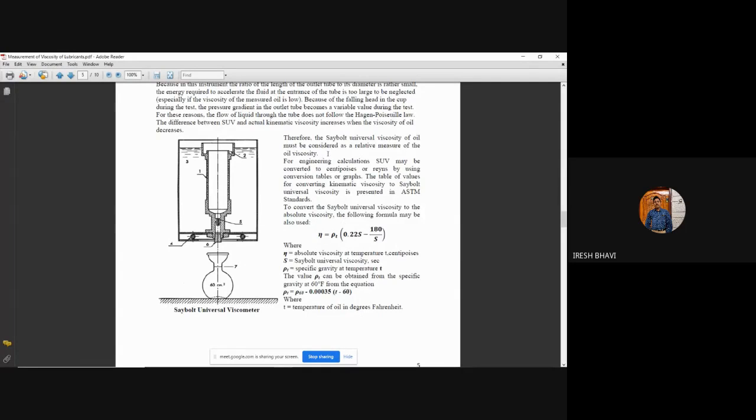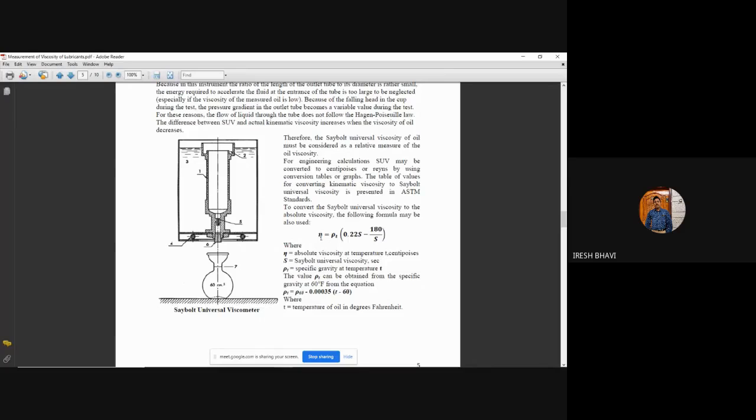Now, once we obtain the Saybolt universal viscosity, that is the time required, in seconds, to fill this flask up to 60 cc, we call it S, and with the help of this formula, we calculate the absolute viscosity or dynamic viscosity at different temperatures in terms of centipoise.